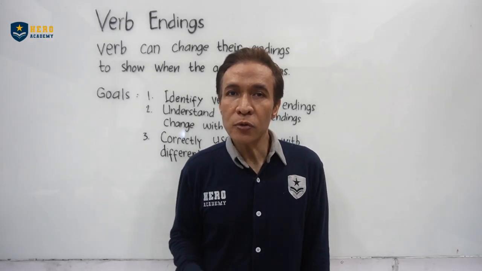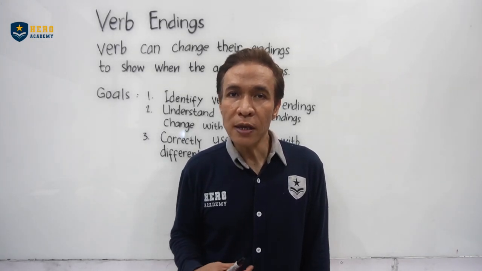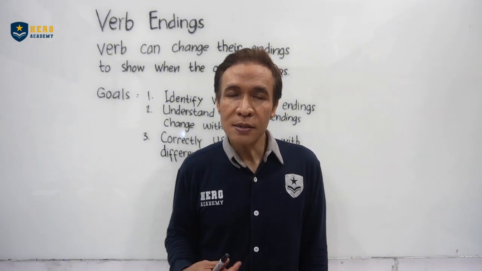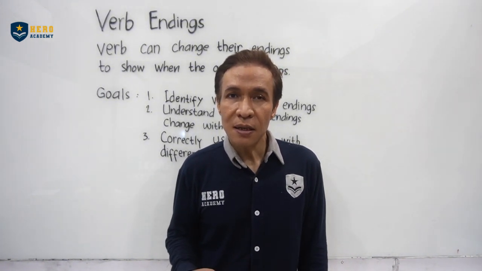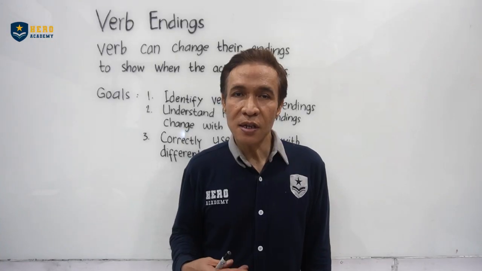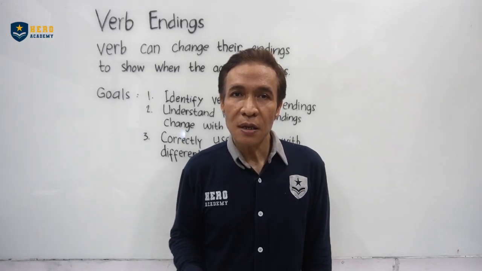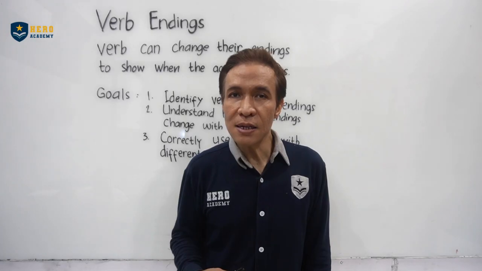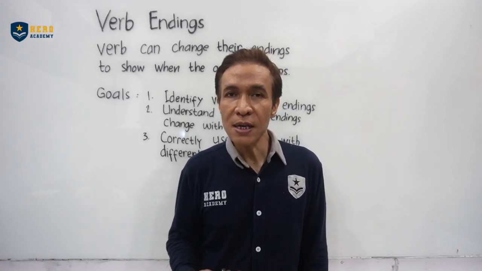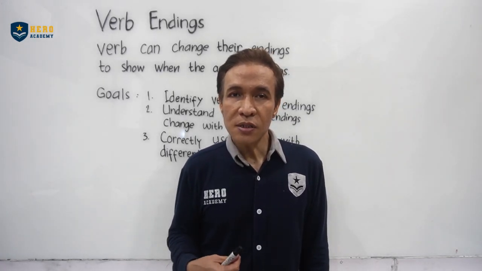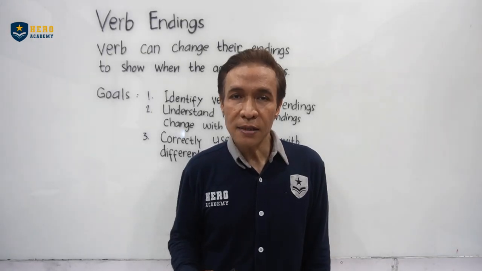And that these rules don't apply to irregular verbs such as eat that changes into ate. We don't add ed at the end of the verb eat. So it changes into ate.